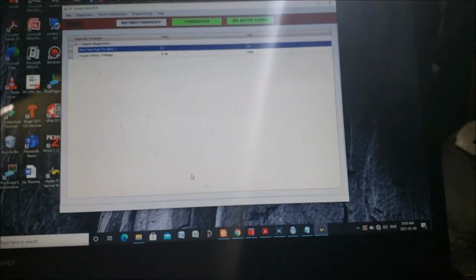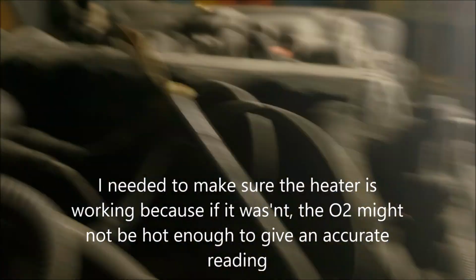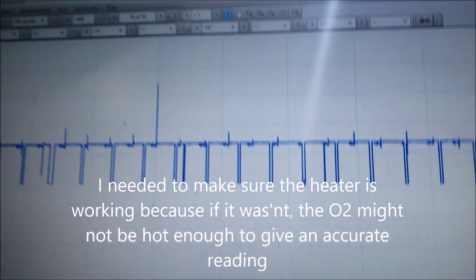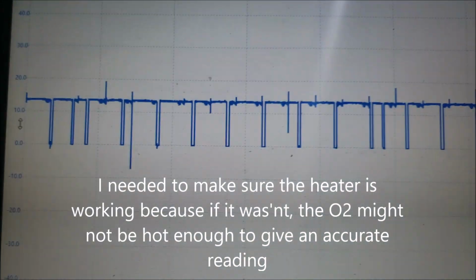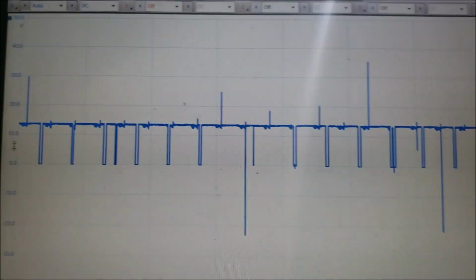There's only one more thing to check on this, and that's the heater circuit. After that, I'm replacing this oxygen sensor first and foremost. Now we're hooked up to the heater circuit on the oxygen sensor, and this is what I'm seeing. To me that's not a problem.